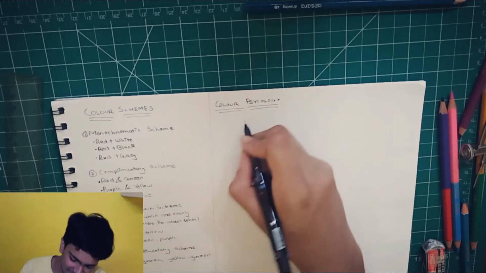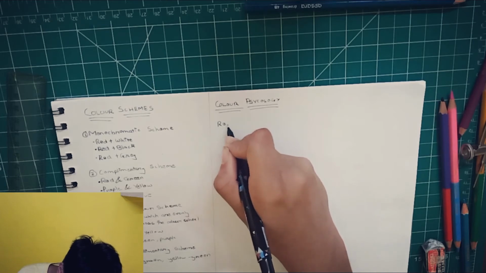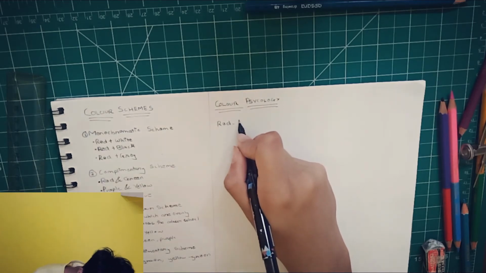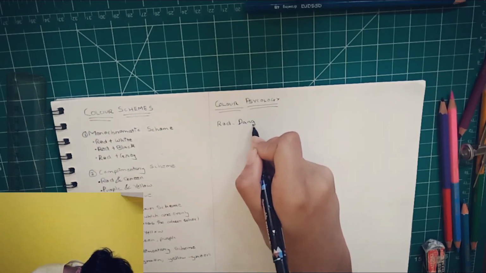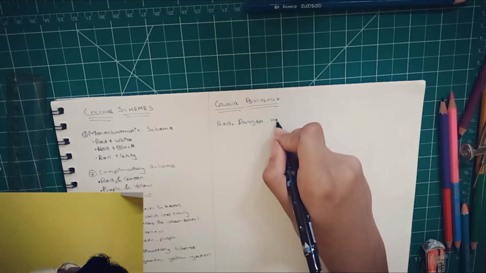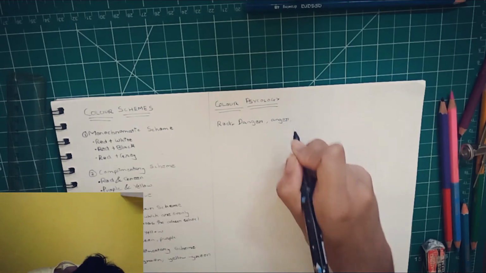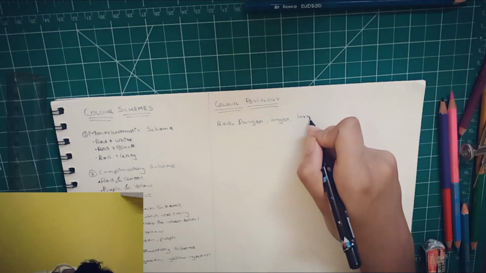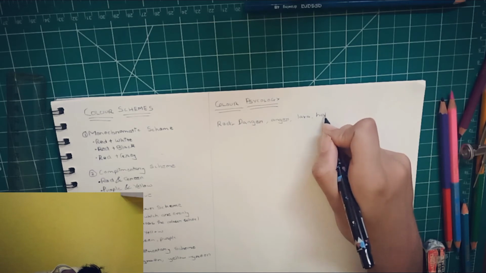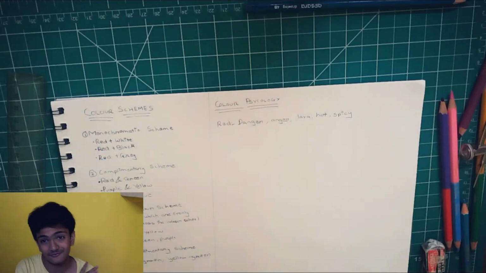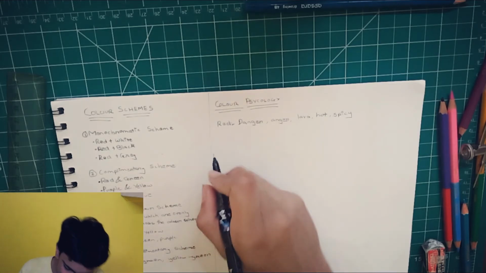Let's take the first color as red. When you look at red, what do you basically think? I think of danger, then anger, basically lava, hot, spicy and whatnot. There are various examples of what you feel about a color.